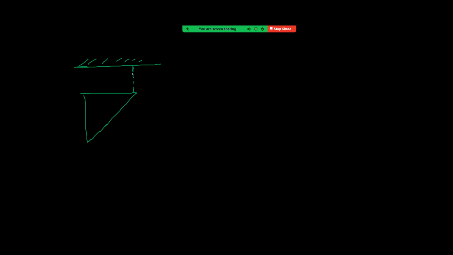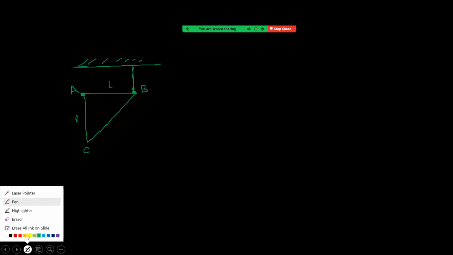This is now the string. Point B. It is now supported at A. Given this is N and this also N. Let us see now how to calculate that force from the support.